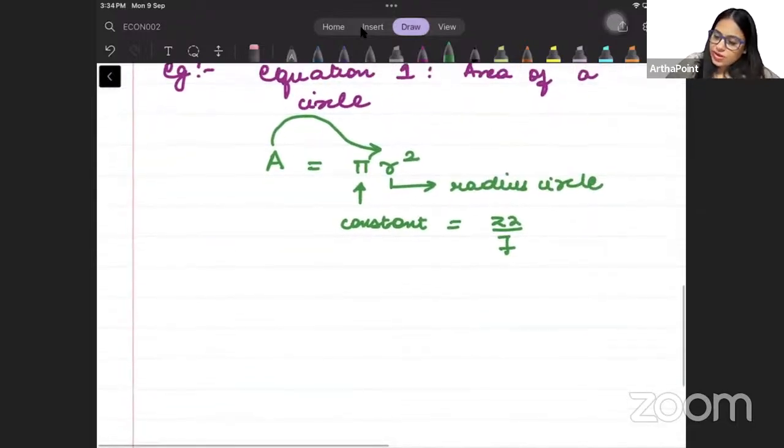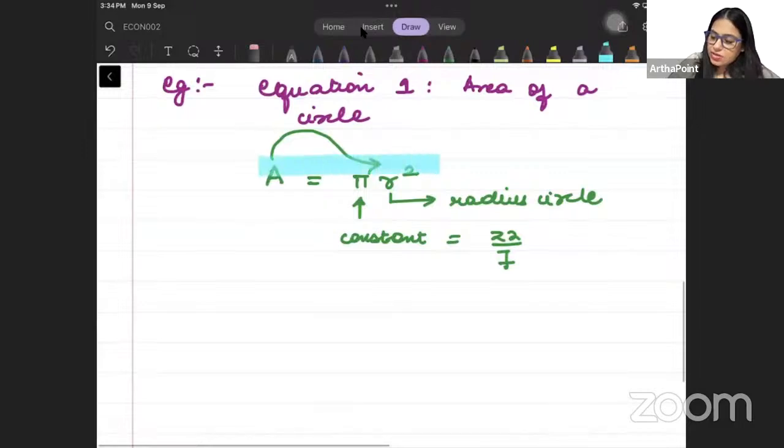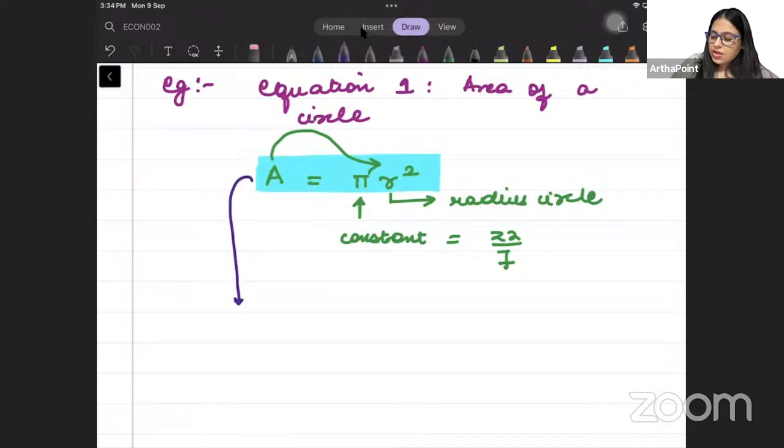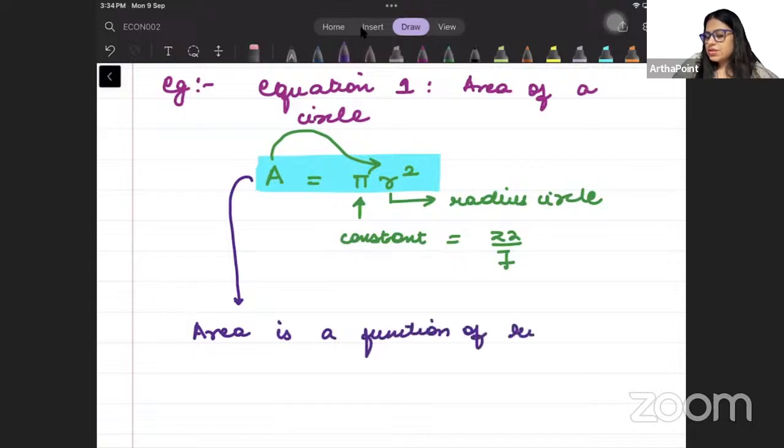So in this beta we can say that area is a function of radius of circle. Area is a function of the radius of the circle. Clear हुआ ये बात? ठीक है.